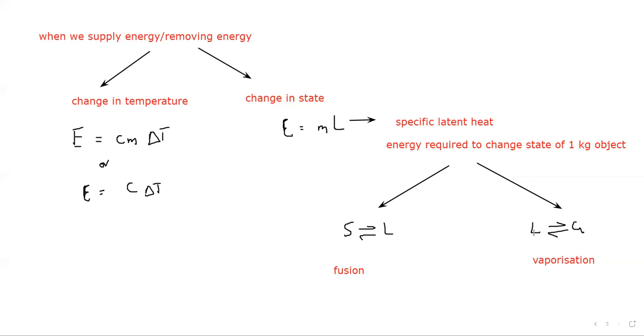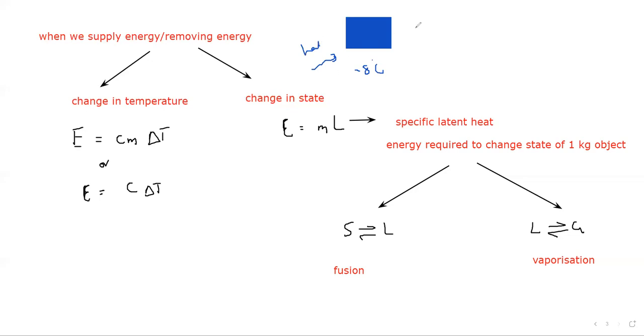So it depends on the question whether there is a change in state or a change in temperature. Sometimes you have both. For example, say I have ice at minus 8 degrees centigrade, and I'm supplying heat energy to this ice.